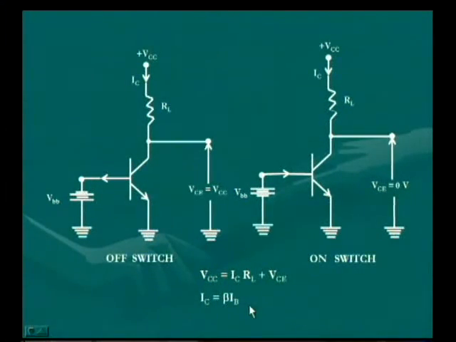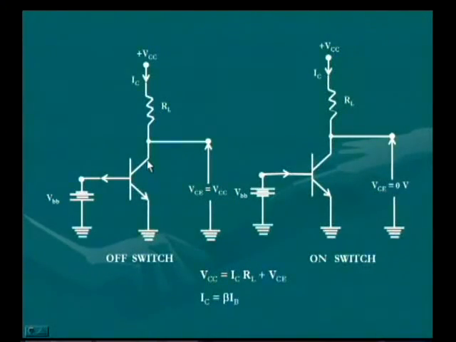So whenever IC is equal to 0, as you know from the transistor equation, VCC is equal to IC RL plus VCE, we can see that VCE is equal to VCC with IC equal to 0. So that means the collector to emitter voltage of the transistor with IC equal to 0 will be equal to the entire applied voltage VCC.